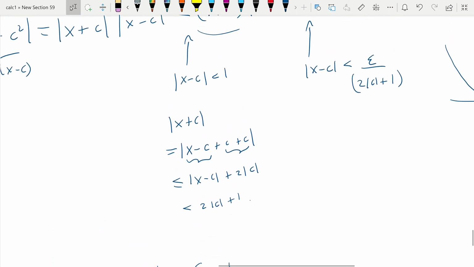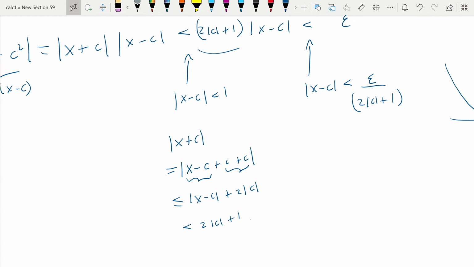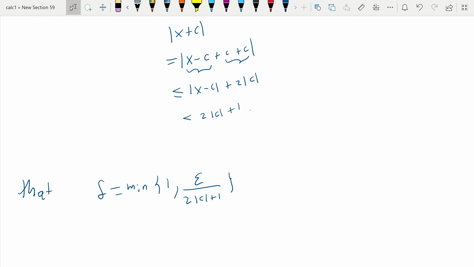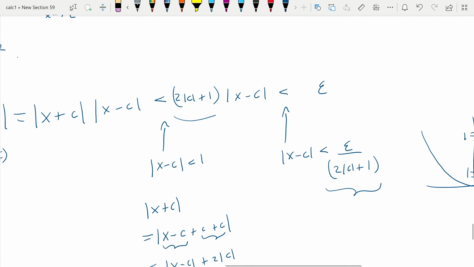It usually ends up being the case that the last condition is the one that's really active, in the sense that if epsilon is really small, then the second quantity here is going to be smaller than 1, so this delta is really just this quantity here.